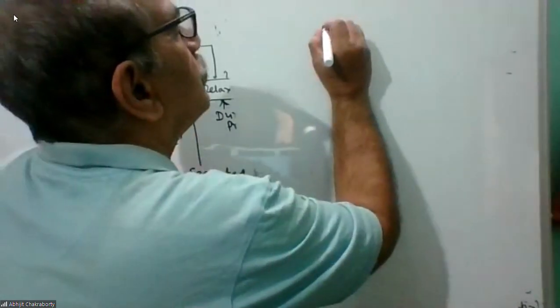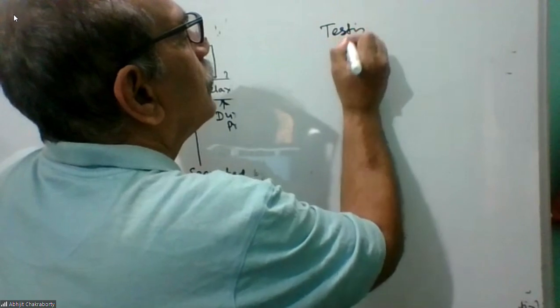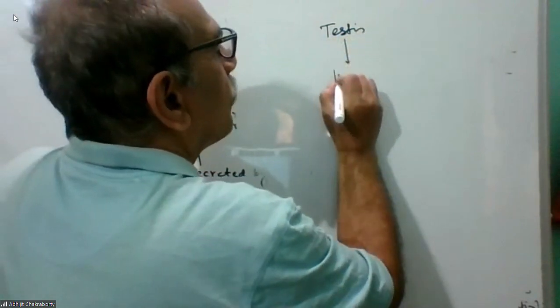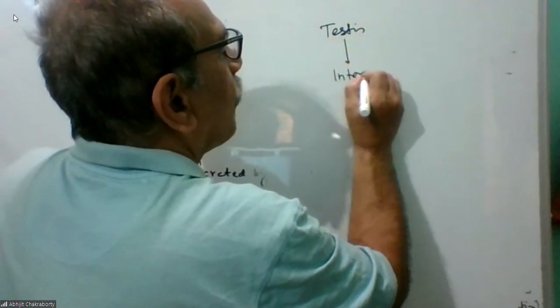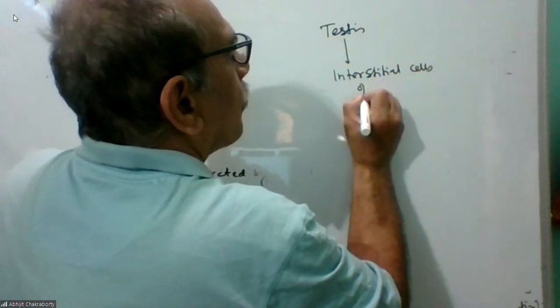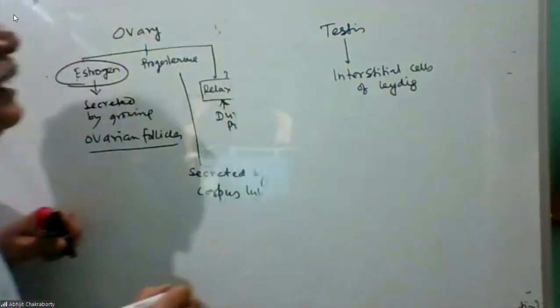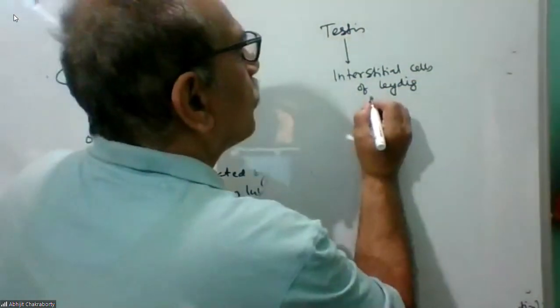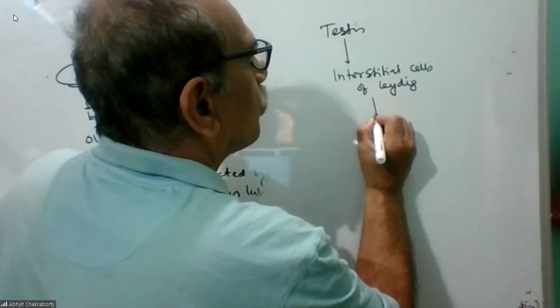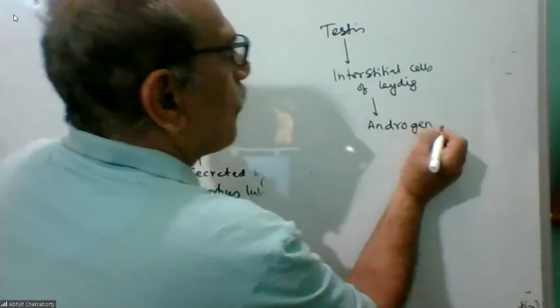Then comes to the testes. Interstitial cells of Leydig. Androgen.